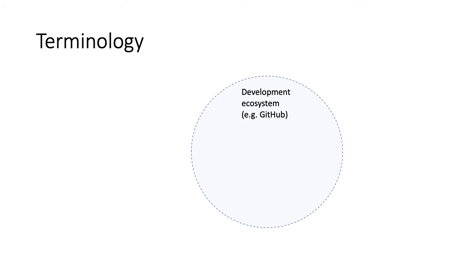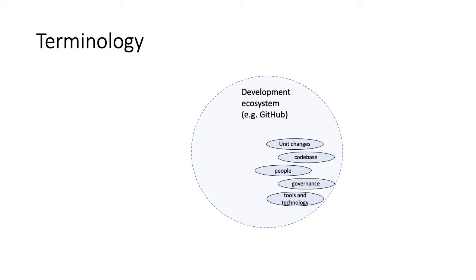But before we present our theory, let me introduce you to the terminology we use in this paper. We have a development model, which in this case is GitHub, which comprises some unit changes. There is a code base, there are some people, maybe the users or the contributors or maintainers, who are participating in it.